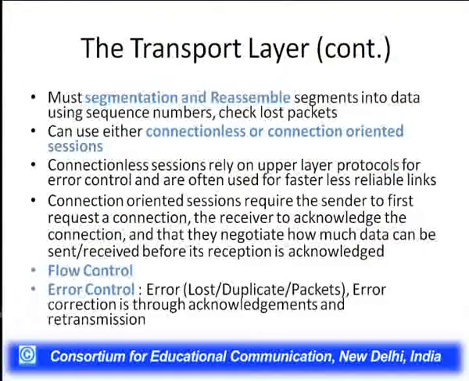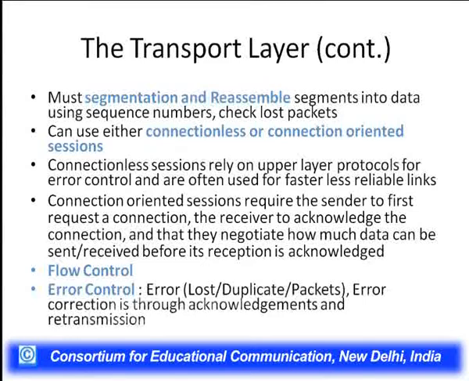Then, because the segments are numbered here and then reassembled at the host, error detection becomes very easy. Not just detection but also correction of error takes place at the transport layer. Error control, error detection or error correction both take place by acknowledgement and retransmission.